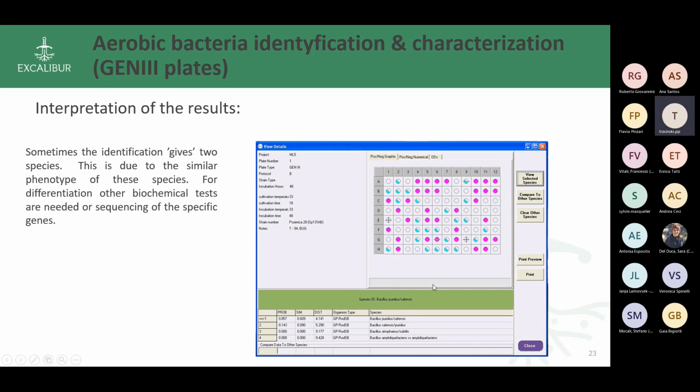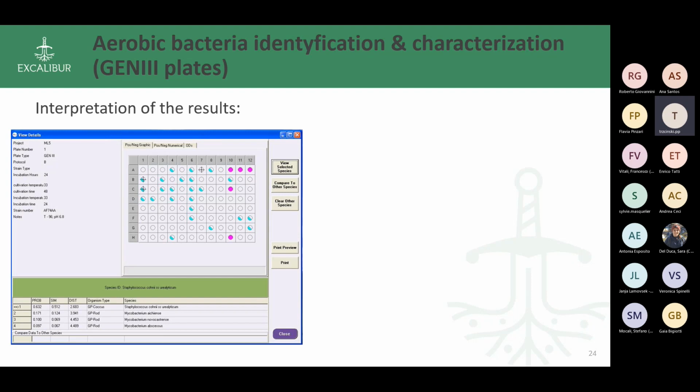This is because these two species are very similar, and with the use of this phenotype the system is not able to recognize it, but it can tell you that this is one species or the second one. So in that case you have to use another test for differentiation, some extra biochemical test or sequencing or something else.